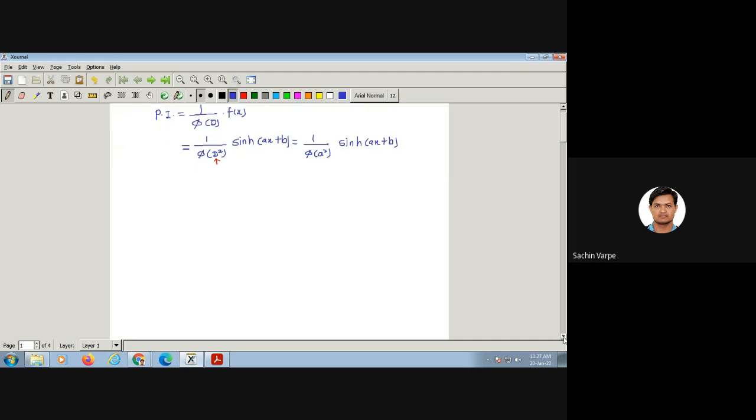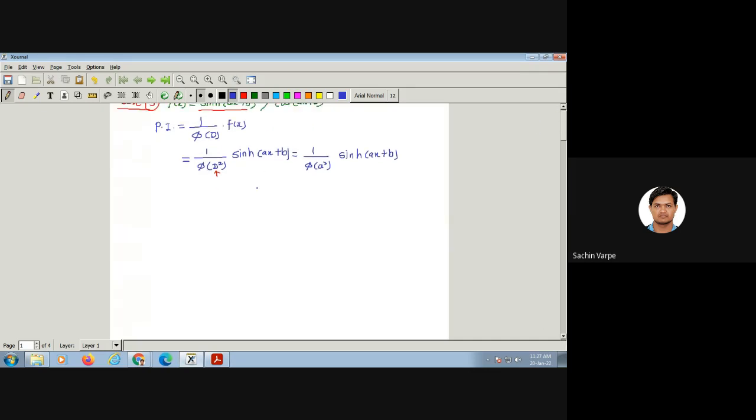But sometimes some examples can be solved using the exponential forms of these hyperbolic functions also. If it is difficult and lengthy by replacing D square by plus a square, we can write this hyperbolic sine function in terms of exponential. Do you know the formula of hyperbolic sine theta in terms of exponential?